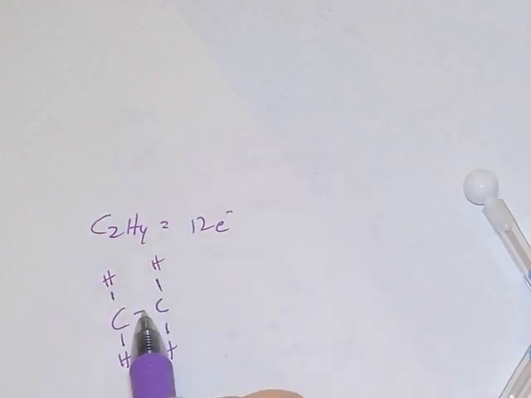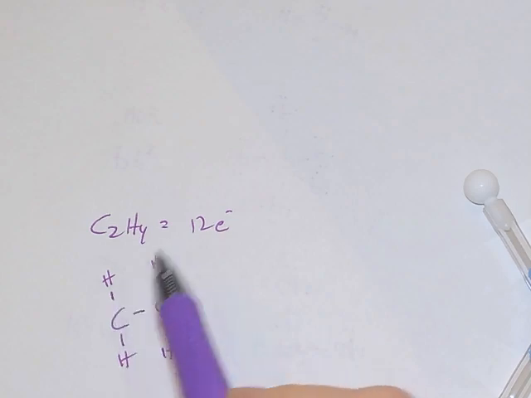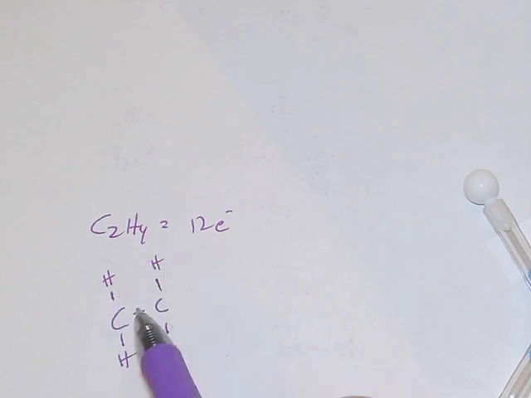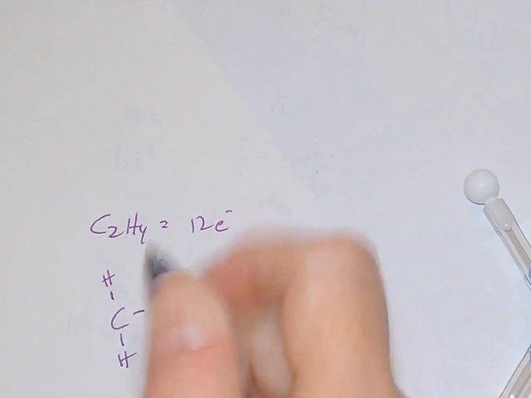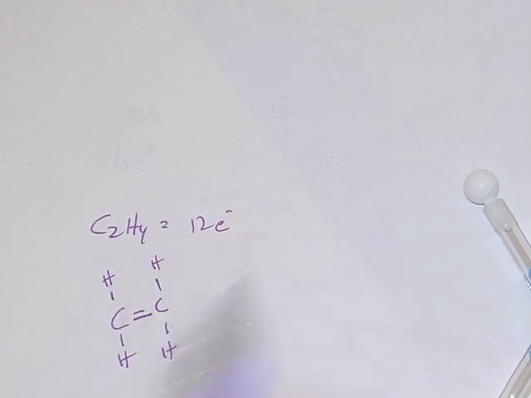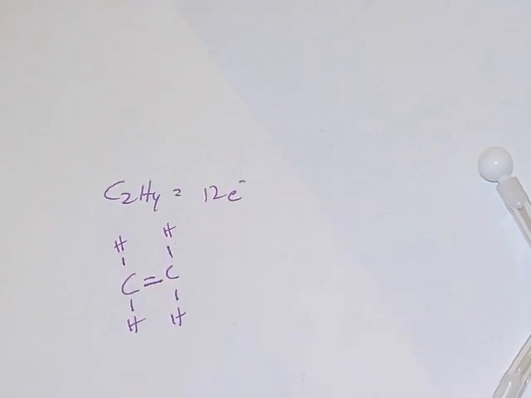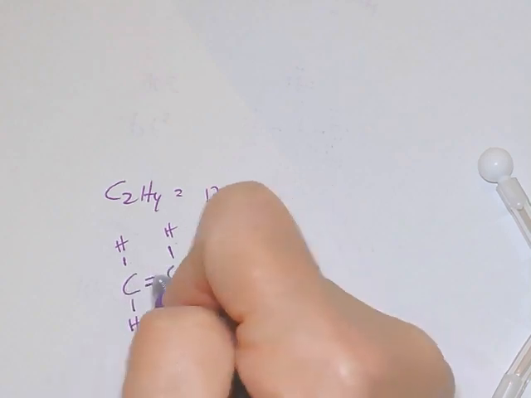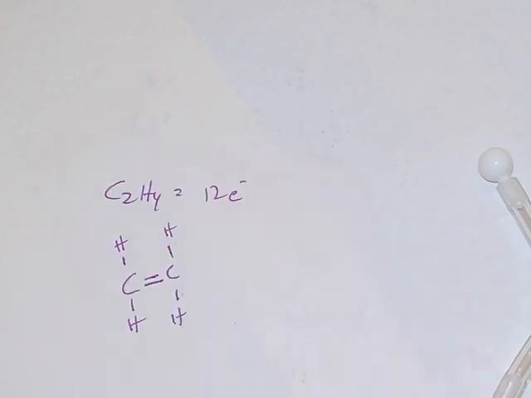But that would use 2, 4, 6, 8, 10, and we need that octet around carbon to get our 12 electrons. So organic structures are pretty simple. You have to have 8 electrons around carbon and 2 around hydrogen, and these structures just come.